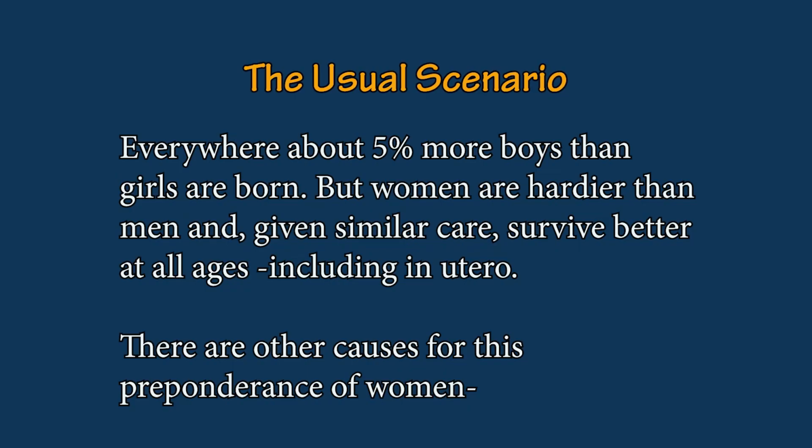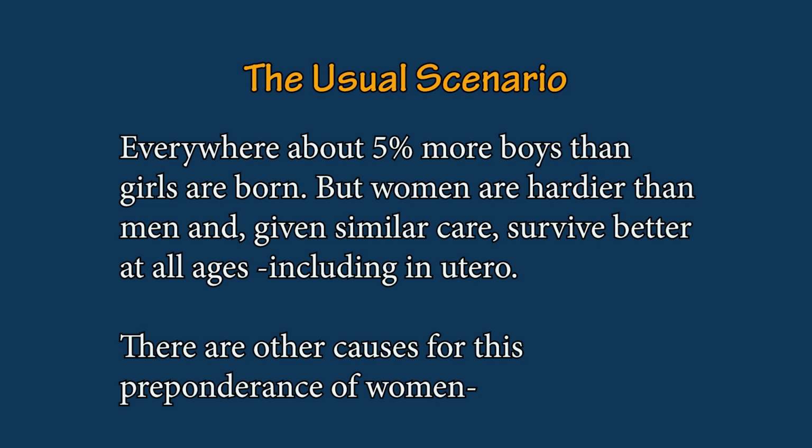Please remember, while talking about the missing women mystery of Professor Amartya Sen, we are taking the sex ratio as the female to male ratio. Now, what should be the usual scenario? Everywhere, about 5% more boys than girls are born, but women are hardier than men and, given similar care, survive better at all ages, including in utero.